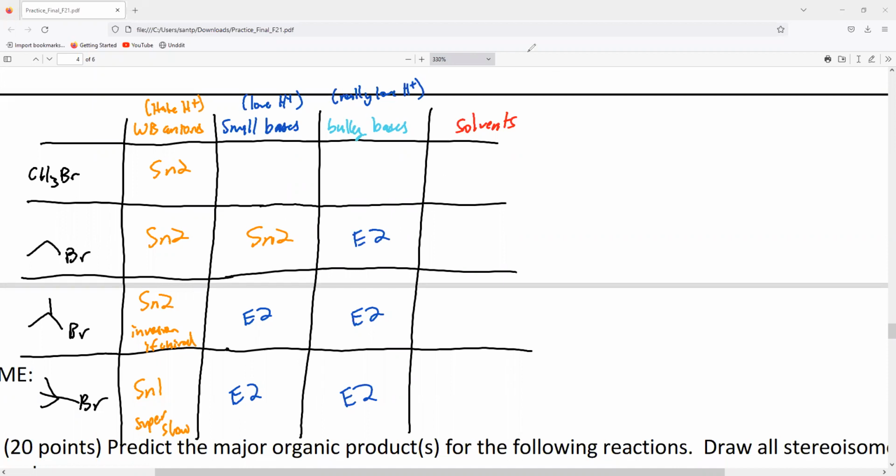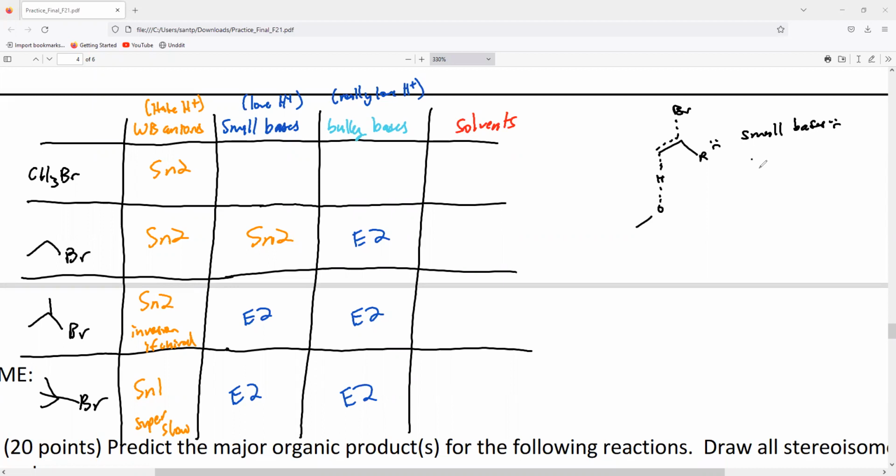The reason for this is that transition state idea that we talked about. If I have a transition state for a primary alkene, this transition state is not that stable because we only have one R group. So small bases are just not very happy doing this.